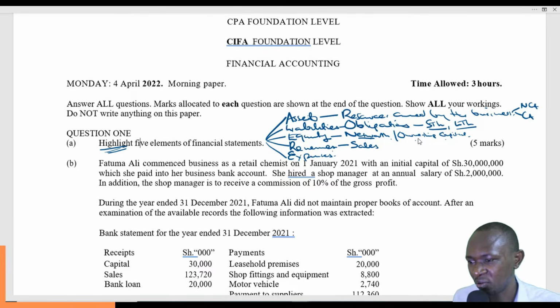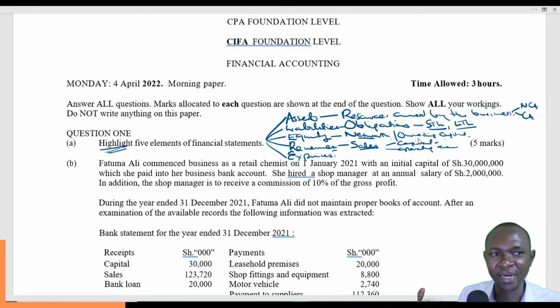So revenues, basically monies that come into the business, and I've said we have capital revenues and we have operating revenues. Operating revenues, the real reason why you are in business. Capital revenues, these are the monies that might come in resulting from sale of items not directly related to the business.